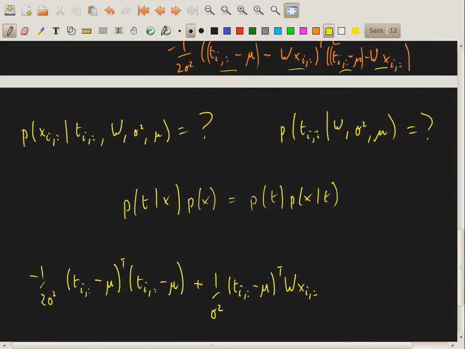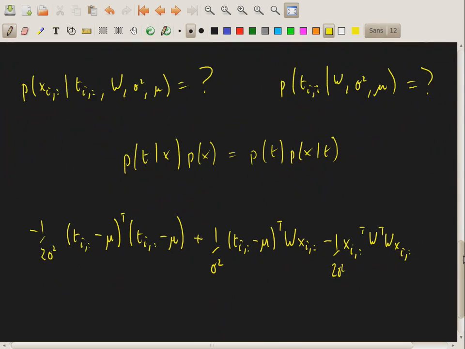Now then, minus the quadratic term coming from these guys, which is 1 over 2 sigma squared times x. And then we're missing one thing, which is what?